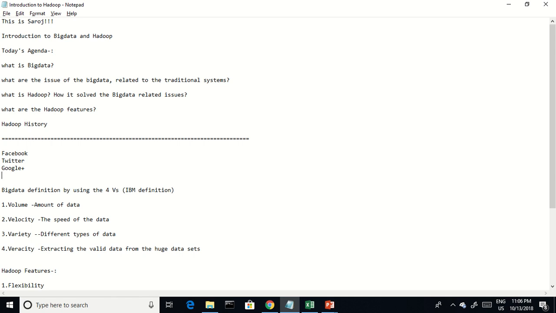To define big data, IBM has given a definition which includes 4 V's. The first V is the volume of the data.